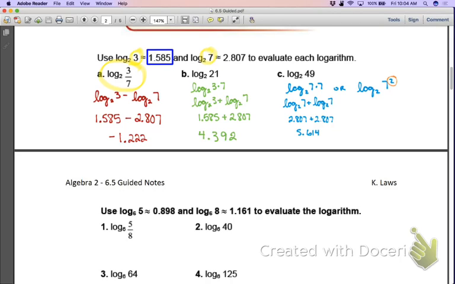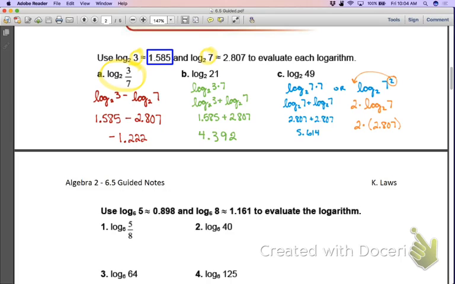Same way, if I take the other one, and we'll just make that one orange, what did I do with the exponent from my property above? Where does that 2 actually go? It goes out in front. So really I'm just going to take 2 times log base 2 of 7, which is 2 times 2.807.